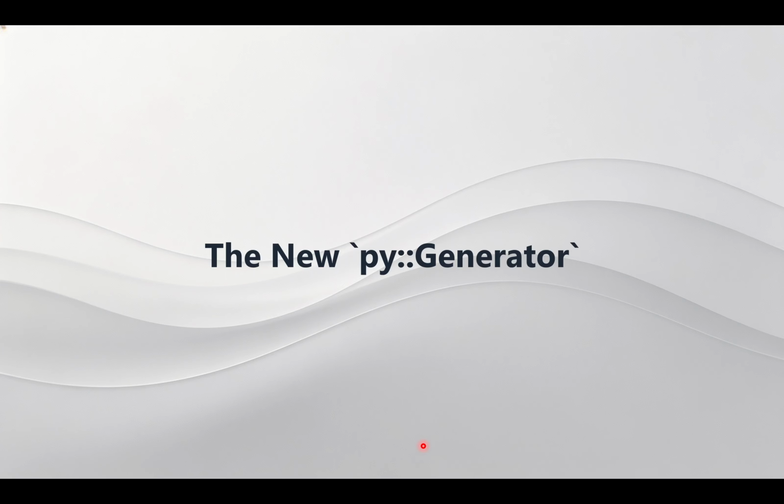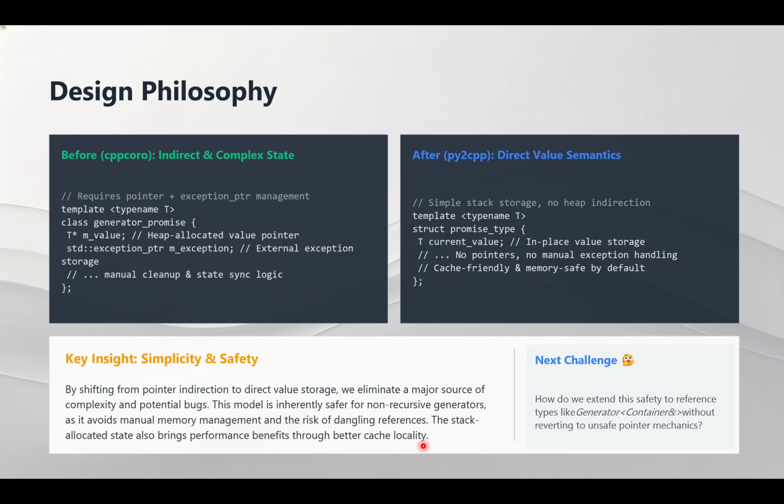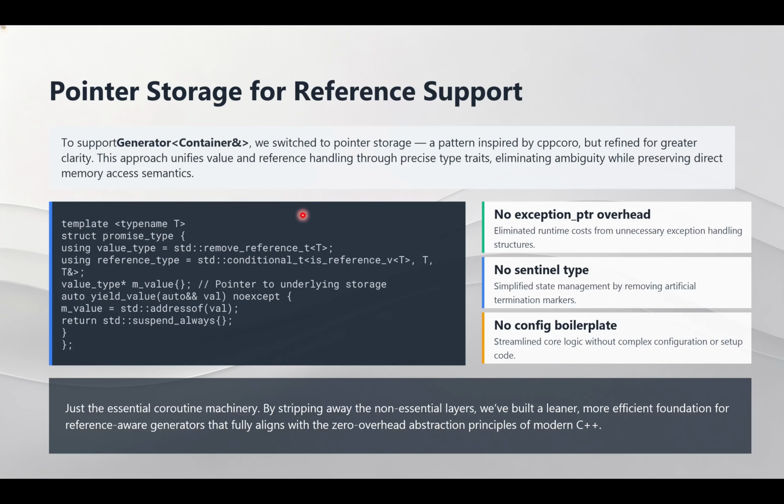It strips out all that configuration boilerplate, directly includes the standard coroutine header, and immediately gets to work. Clean and simple. Very. Furthermore, it retains full support for reference types, but it does so using a really straightforward pointer-based storage system. It completely bypasses all those convoluted sentinel overloads we were just complaining about. That reduction in code complexity is honestly brilliant.